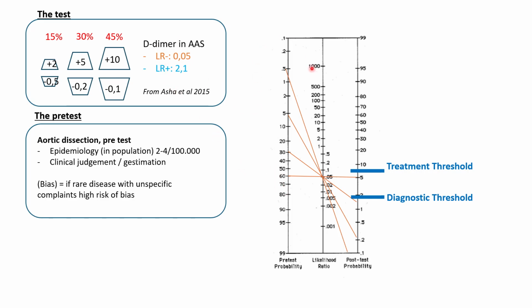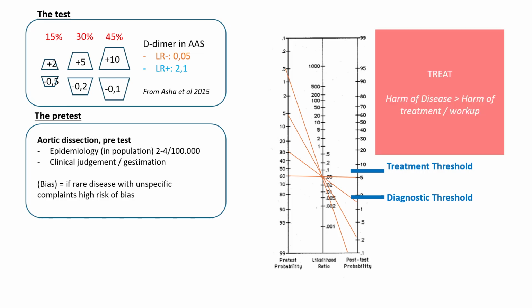The thing with aortic dissection is that it's really hard to assess the pretest probability, which patients should be worked up. So that's kind of why we need some kind of score, maybe, to standardize how to work these patients up. That's at least something that's missing: how to assess the pretest probability of these patients.